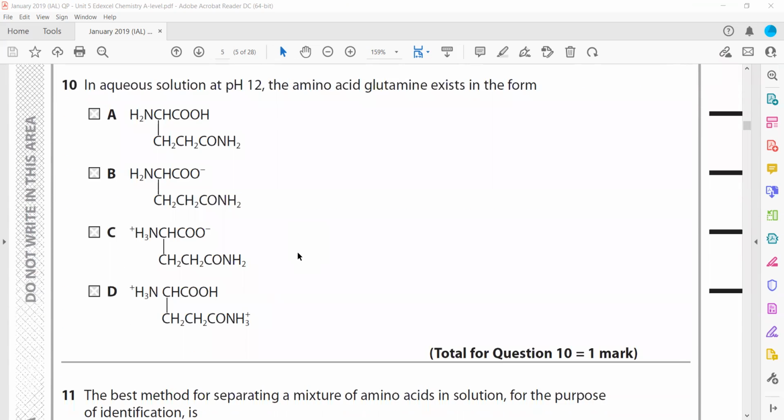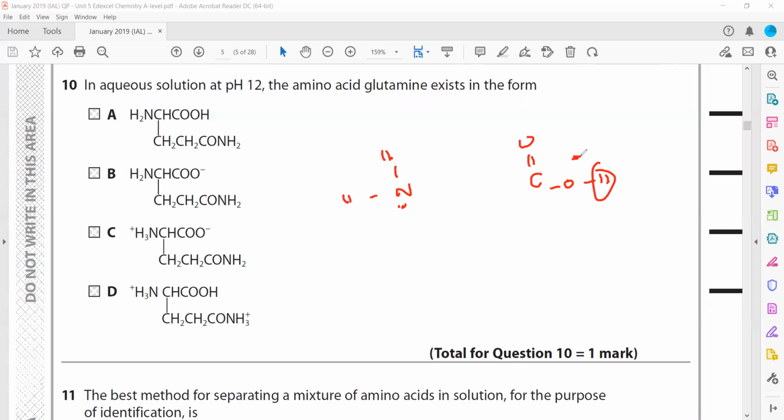In aqueous solution at pH 12, the amino acid glutamine exists in which form? Amino acids always exist as a zwitterion. Zwitterion means, because amino acids exist as a solid. Why? Because acids are proton donors. One side they have an acid group, one side an amine or base group. So this acid will donate a proton.